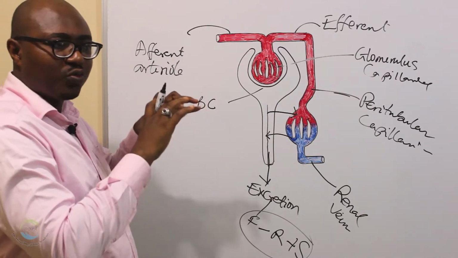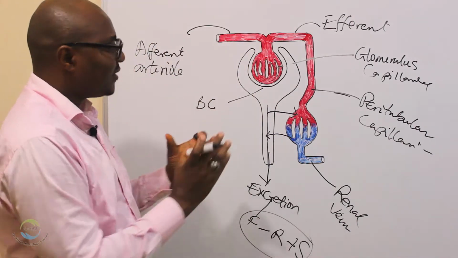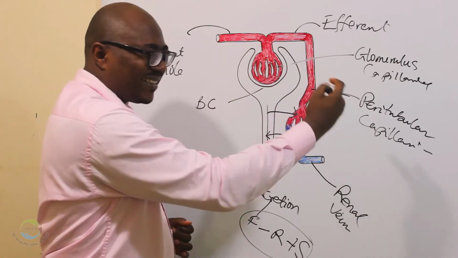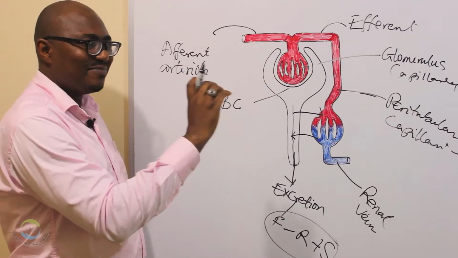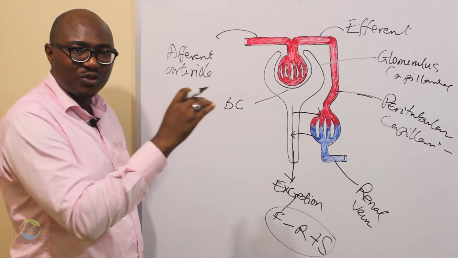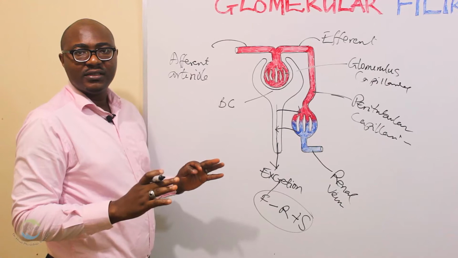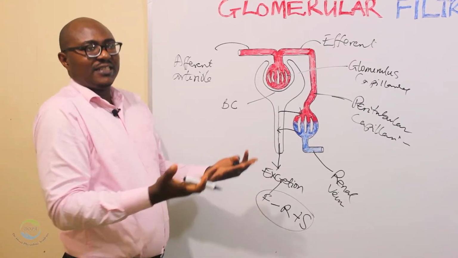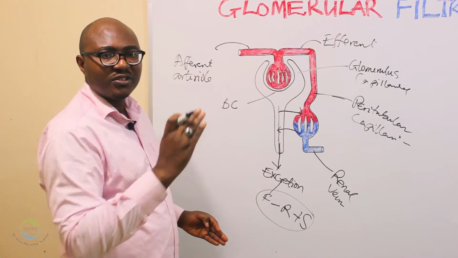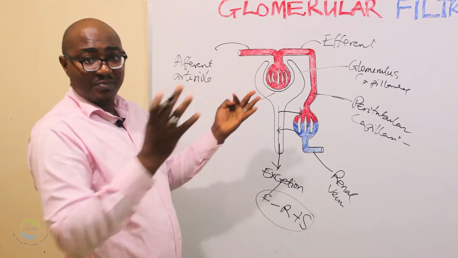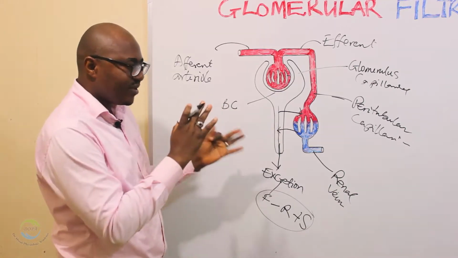Now there are two things we want to discuss under glomerular filtration. One is the rate of filtration, because for every organ in physiology, there are basic parameters we need to know about the performance. When you want to talk about the performance of anything, you quantify it. Just as when you did well in an exam, how do you know? The scores, 70% distinction, 60% very good, A, B, and all of that.